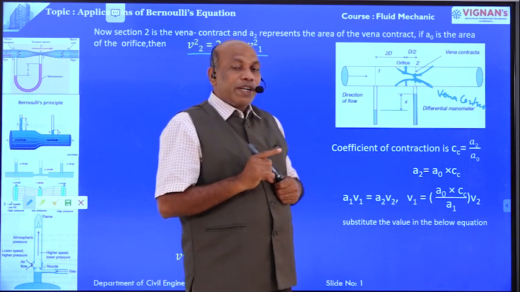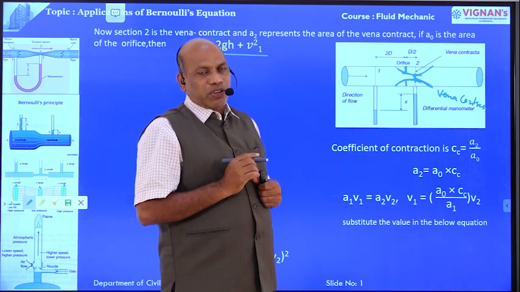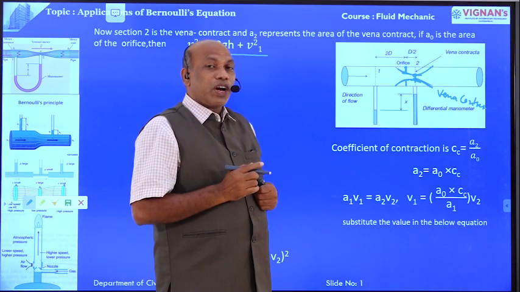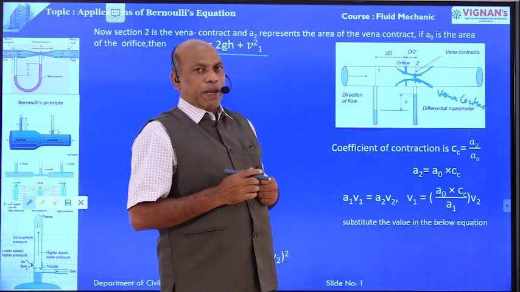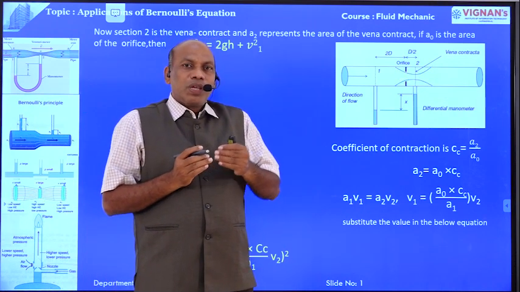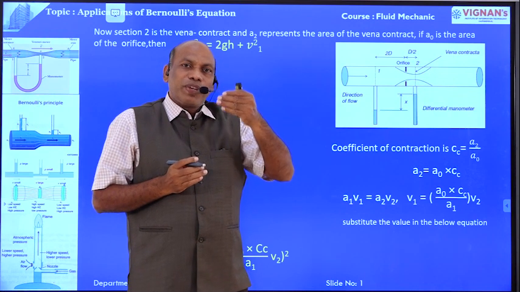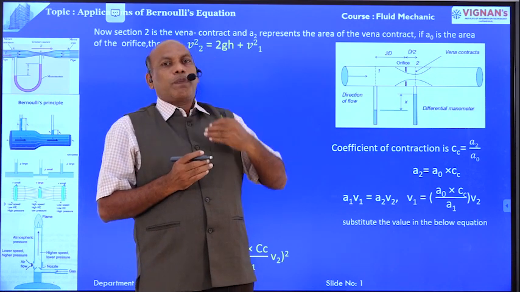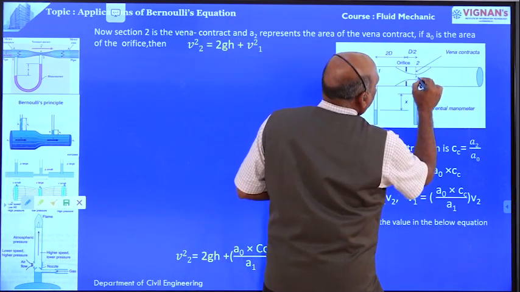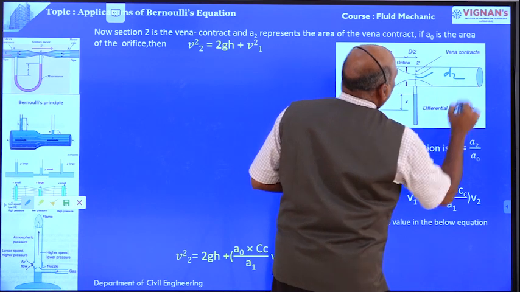Already I have explained, coefficient of contraction is equal to area of the vena contracta divided by area of the pipe. Therefore, here diameter at the vena contracta is equal to D2.